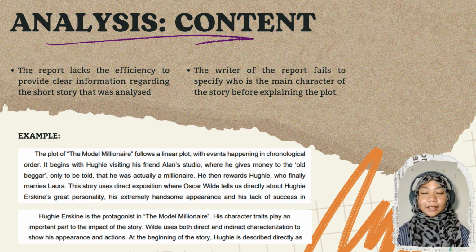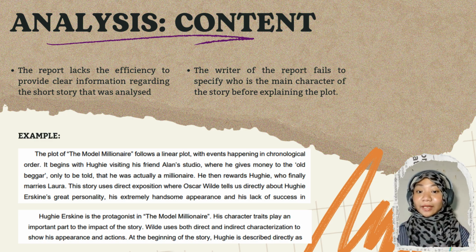Here I have the analysis for the content part. The report actually lacks the efficacy to provide clear information regarding the short story that was analyzed. So the writer of this report, the student, she fails to specify who is the main character of the story before explaining the plot.